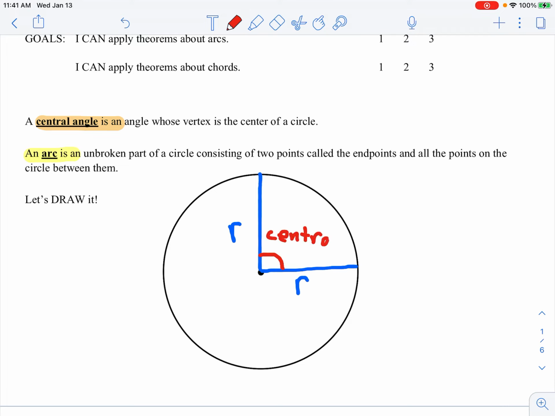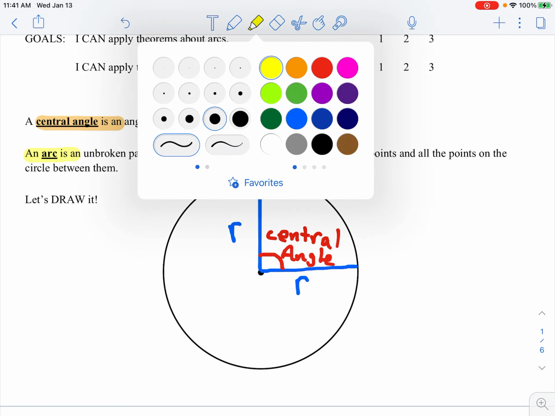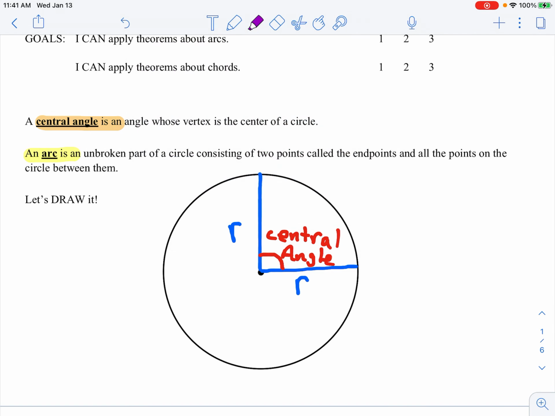So the red piece is our central angle in this picture. It's the angle that takes place at the center, hence the name central angle. Now, the arc is the curve between the two radii. So this curve right here is the arc of our circle, the arc that we're looking at.